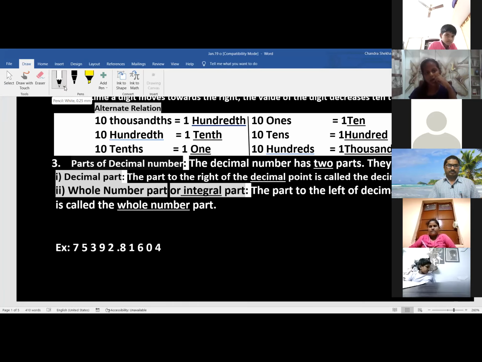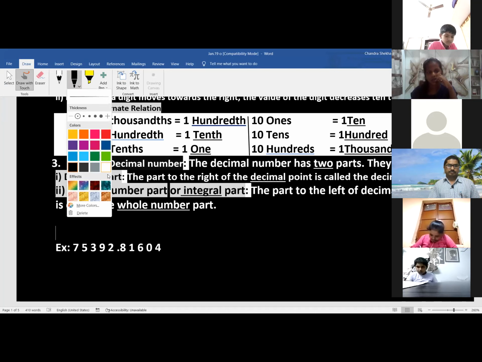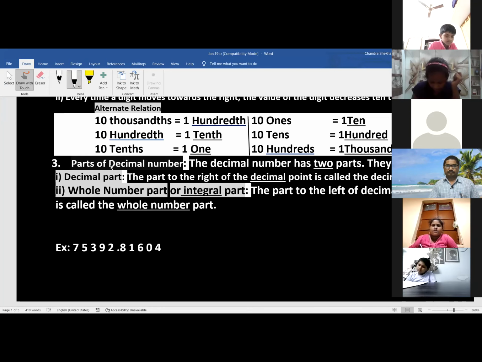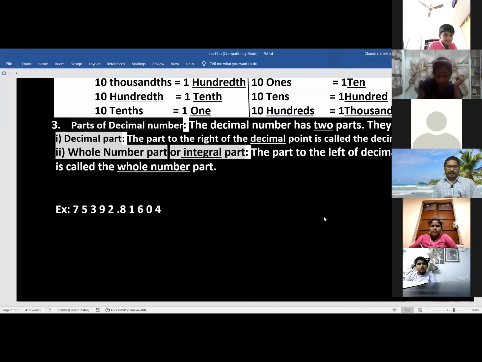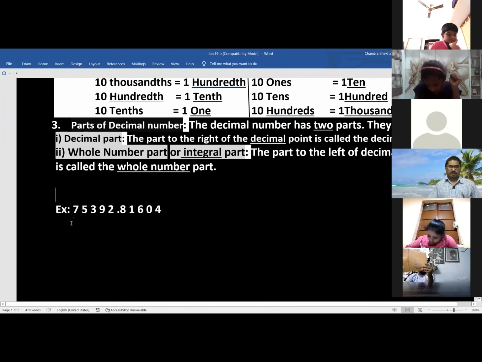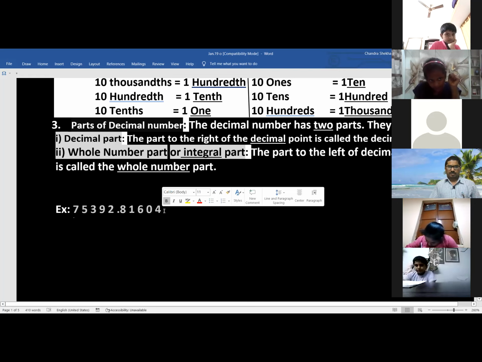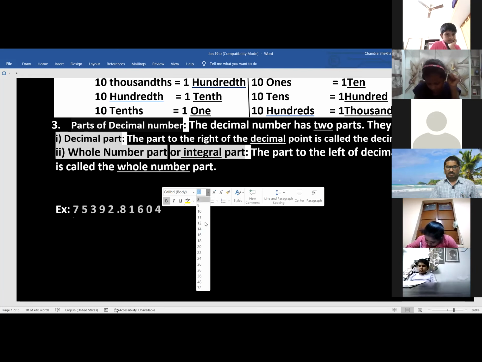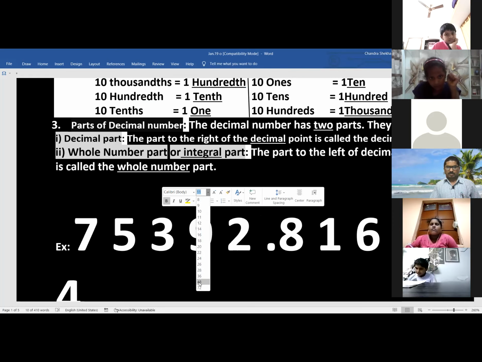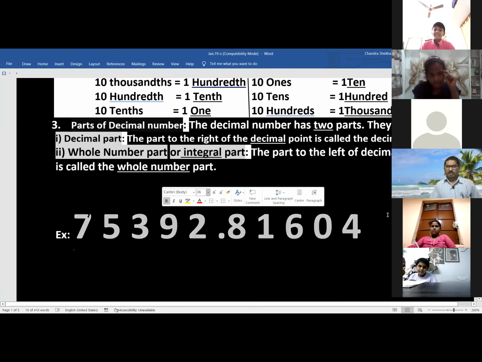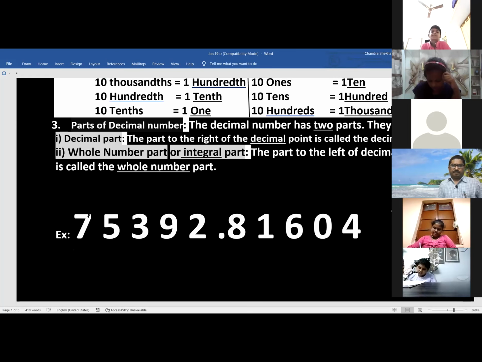Everyone write this number once. This is a decimal number.